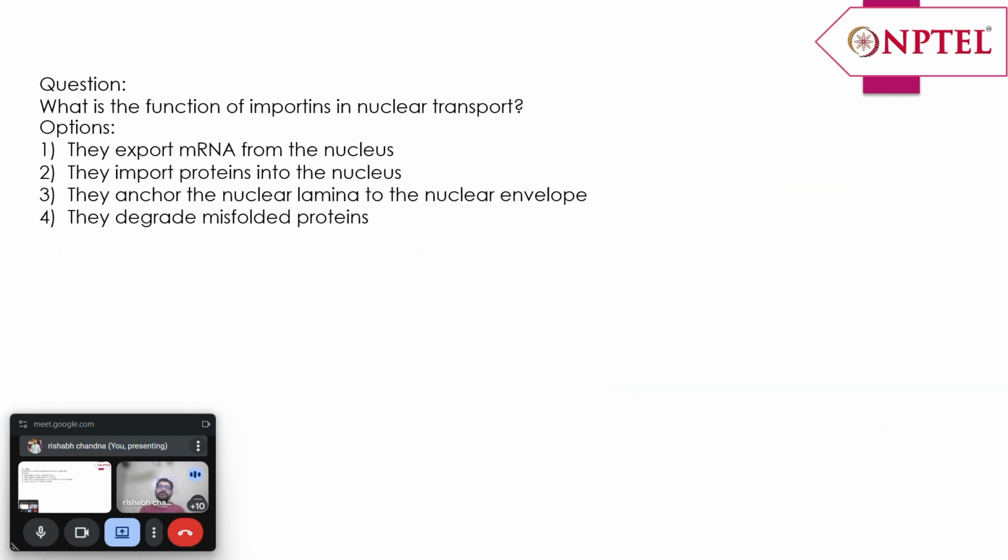What is the function of importins in the nuclear transport? So, what can be the correct answer? Okay, any more answers?